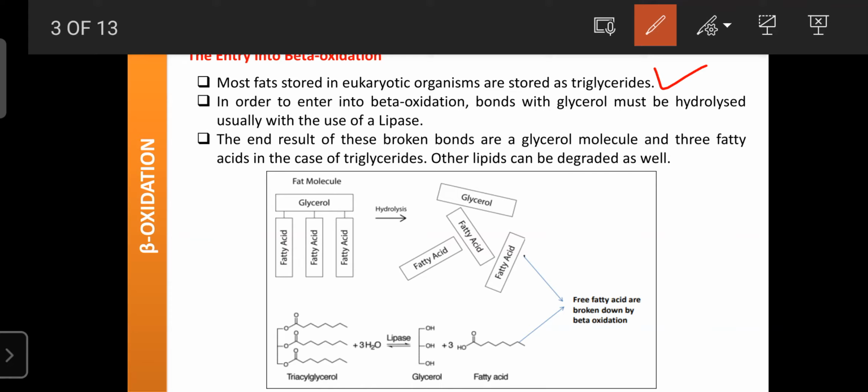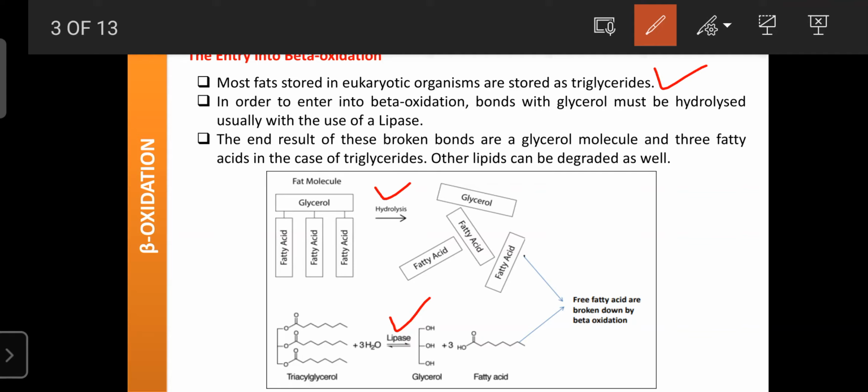That occurs here in the cytosol, with the help of an enzyme known as lipase. This lipase enzyme is responsible for the hydrolysis of triglyceride, which is the storage molecule for the fatty acids.